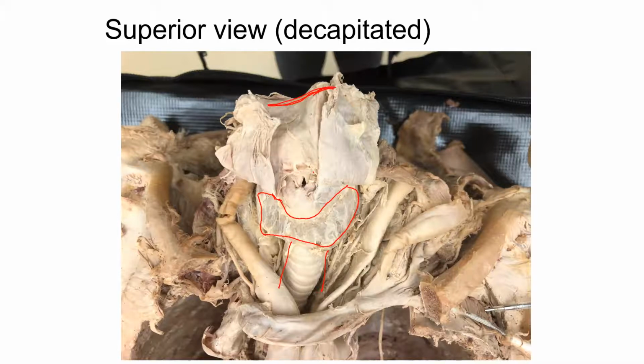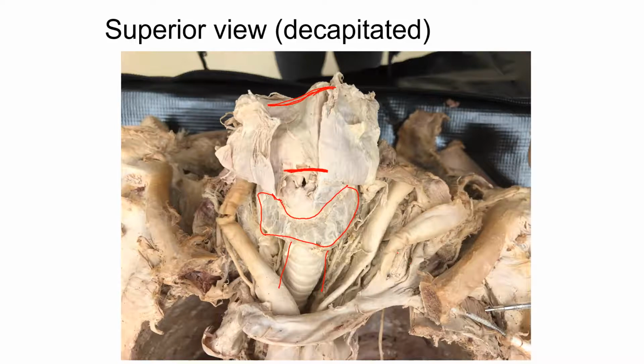And then here would be the hyoid bone. It's not very visible because of the connective tissue, but the hyoid bone is higher, actually, forgive me. This is where that cricoid cartilage would be, inferior to the thyroid cartilage, okay?